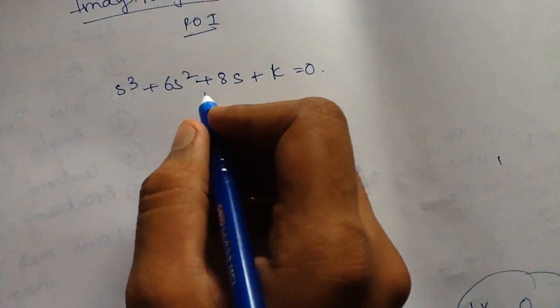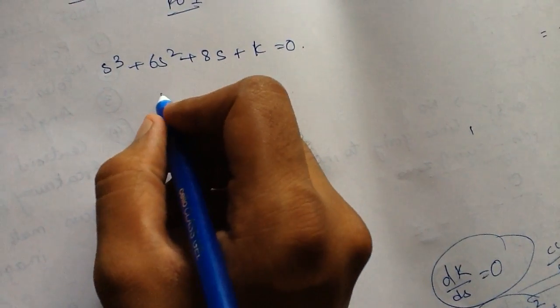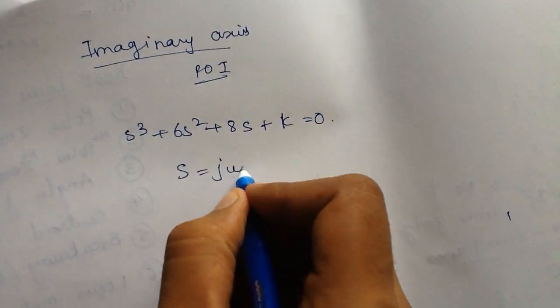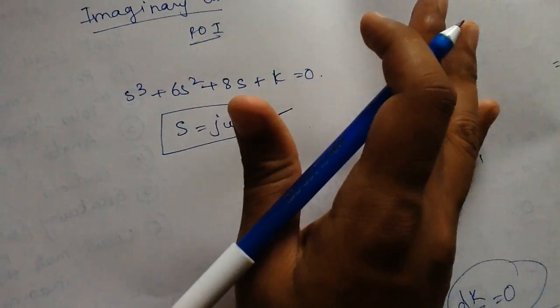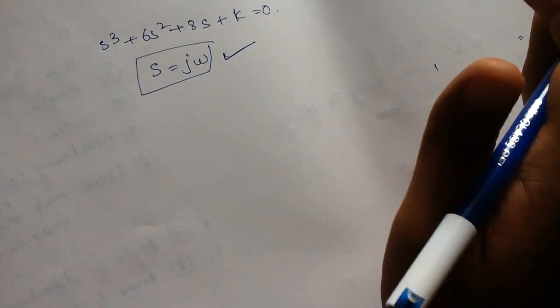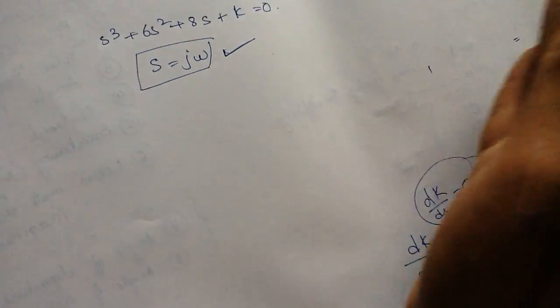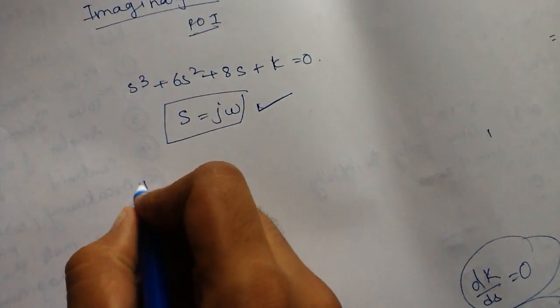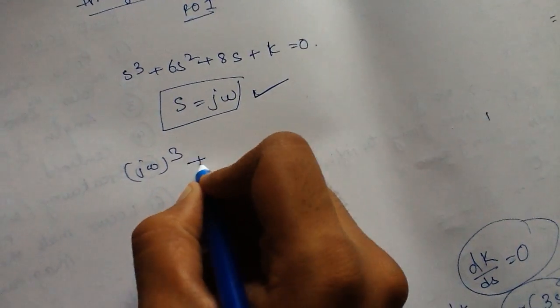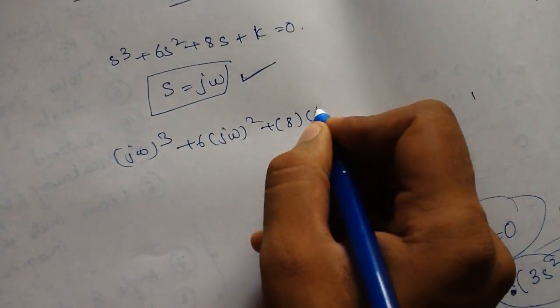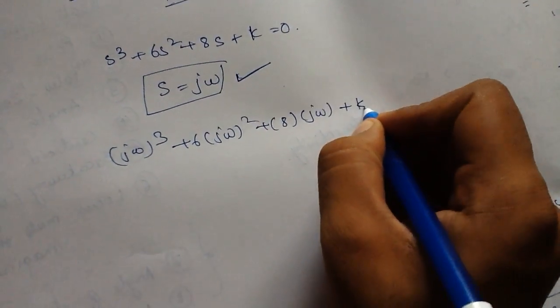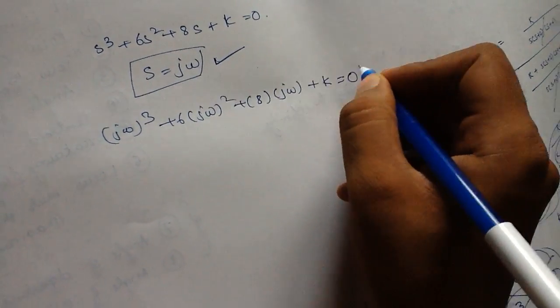To find out the point of intersection on the imaginary axis, I am going to put s is equal to j omega. This is the substitution that gives you the point of intersection on the imaginary axis. Substituting, j omega cube plus 6 into j omega square plus 8 into j omega plus k is equal to 0.